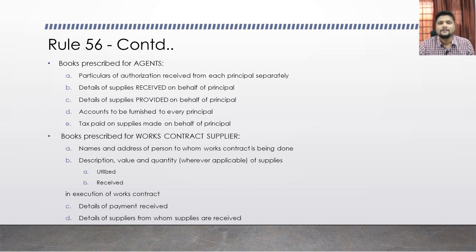He cannot net off inward supply against outward supply. Also, he should not club the transactions done on behalf of more than one principal, and he should not net off inward as well as outward supplies. It has to be separately maintained.